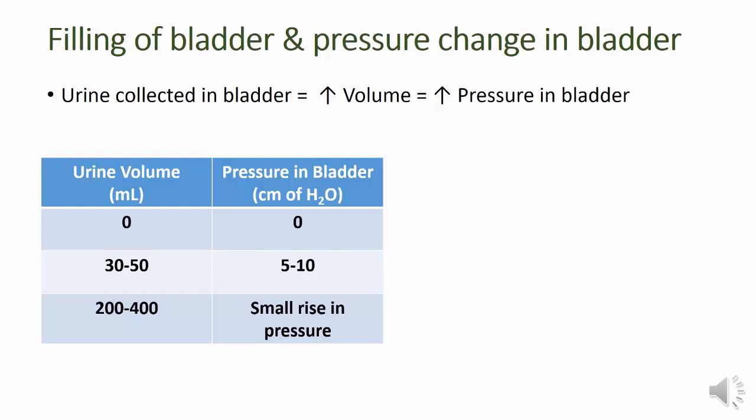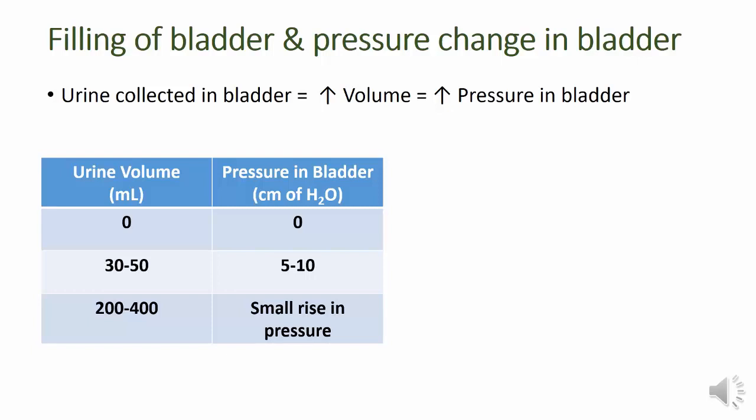Now when about 30 to 50 ml of urine is collected, the pressure increases to 5 to 10 centimeter of water. Now when it becomes filled about 200 to 400 ml, there is a small rise in pressure inside the bladder.